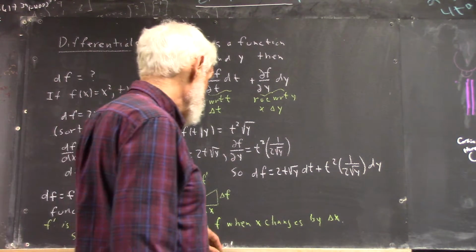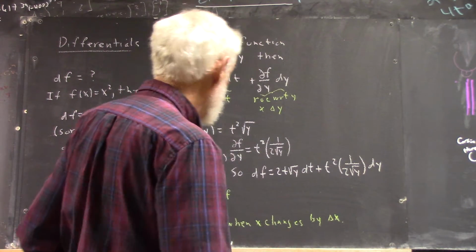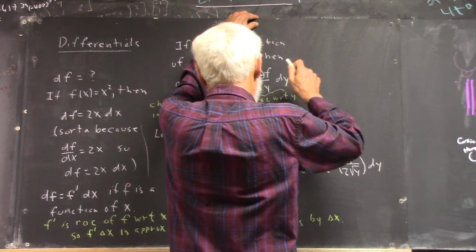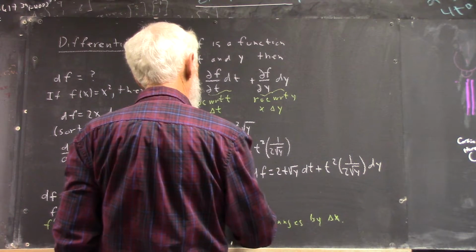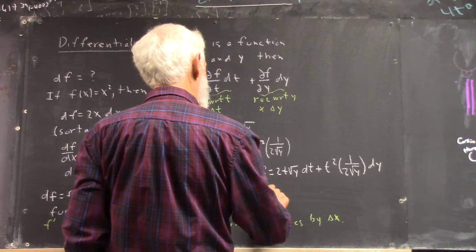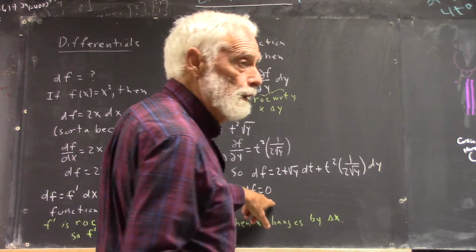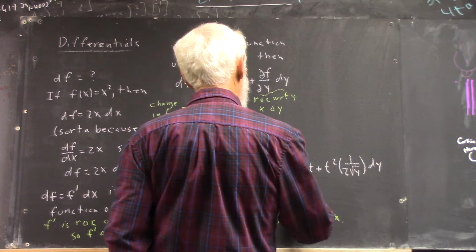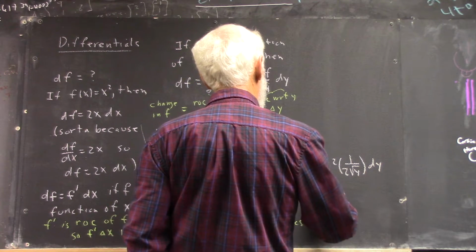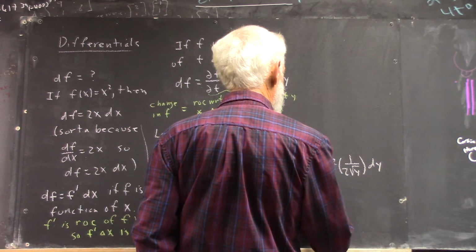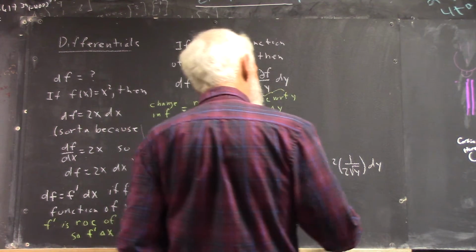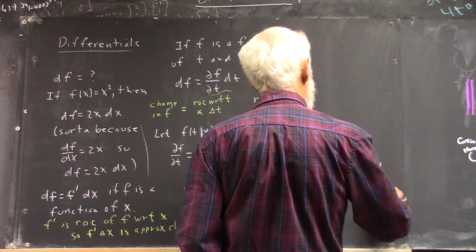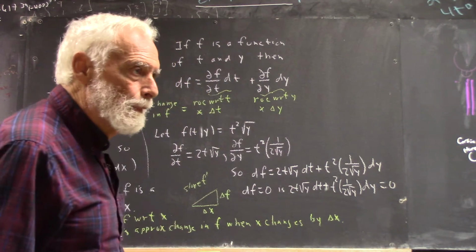Now, the relevance of this to differential equations is the equation df equals 0, which is 2t square root of y dt plus, thinking ahead and putting it equal to 0, t squared times 1 over 2 square root of y dy equals 0. Right?